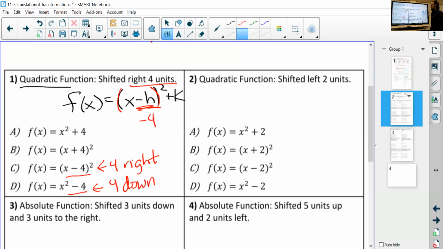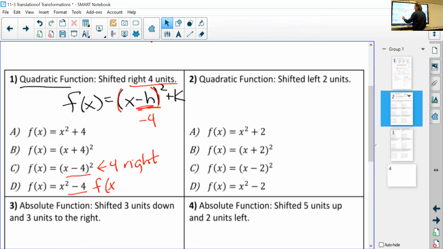Because if we expanded this one out, just to see what that would look like, we would say this is equivalent to f of x equals x plus 0 squared minus 4. They don't need to put that because it's just plus 0. It doesn't change the value.